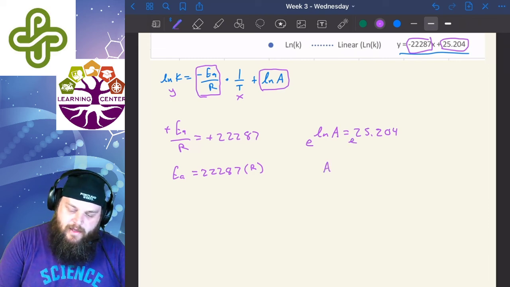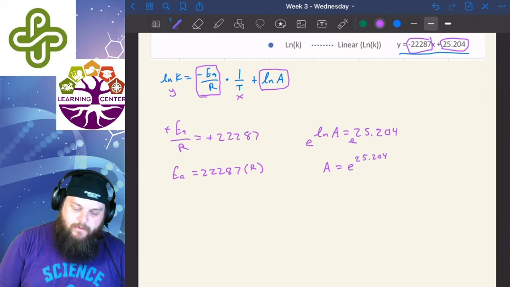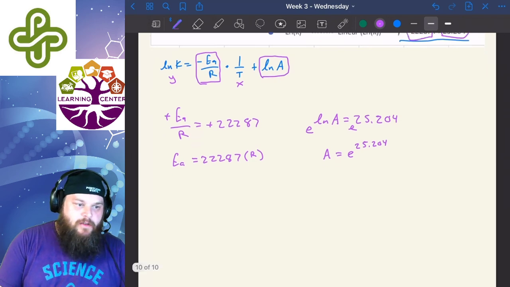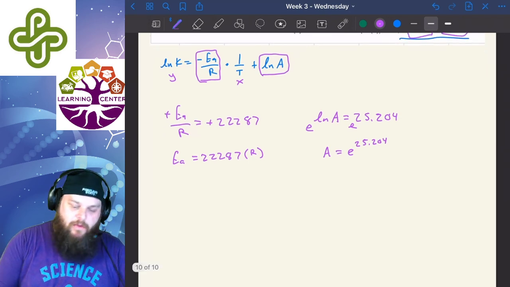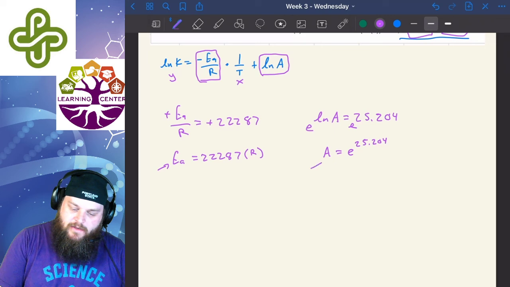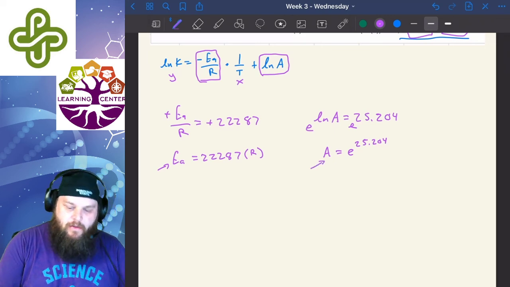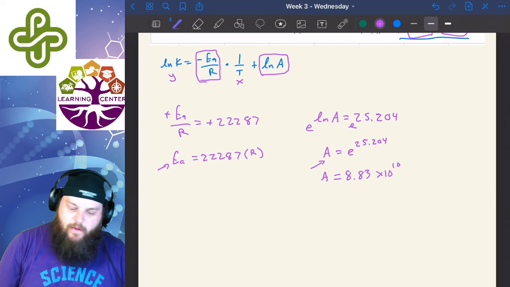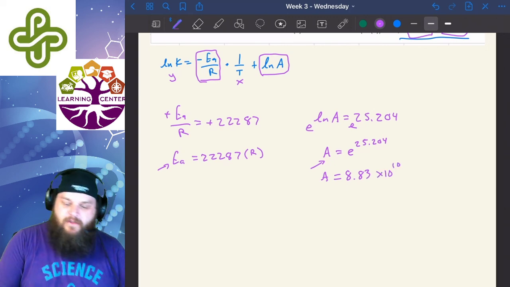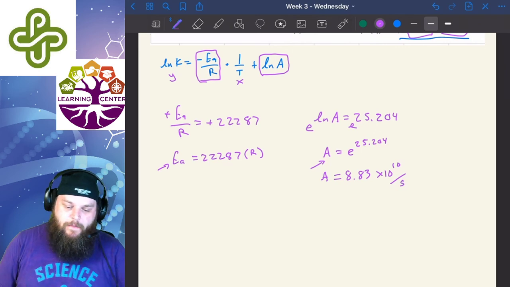So A is equal to e to the power of 25.204. They're only really asking for the activation energy, but this is just plug it into your calculator. You'll find that A is equal to, I did this earlier, 83 times 10 to the 10 power. And that's going to be your frequency factor, so the units for that will be per second.